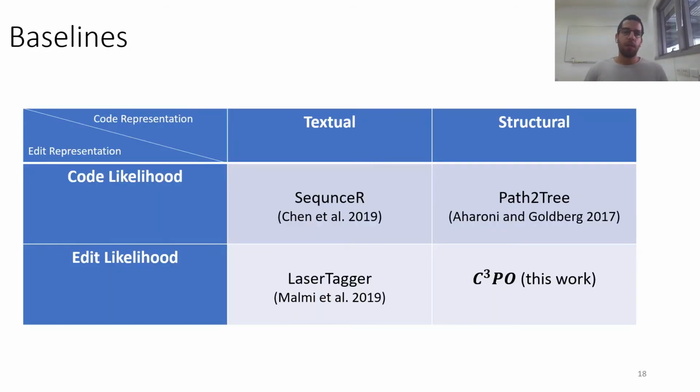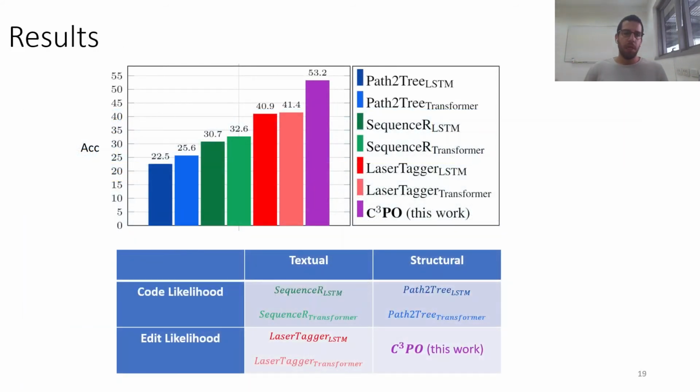We evaluated our model with strong baselines, which can be classified by the two properties of code and edit representation we discussed earlier. We implemented each baseline twice, where one version is based on LSTM and the other version is based on transformers. So here we can see the results of our evaluation.